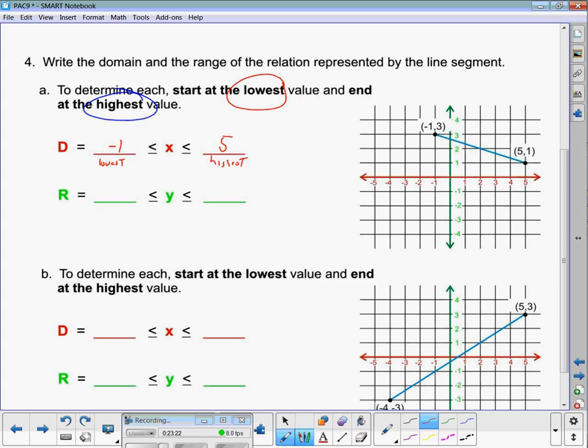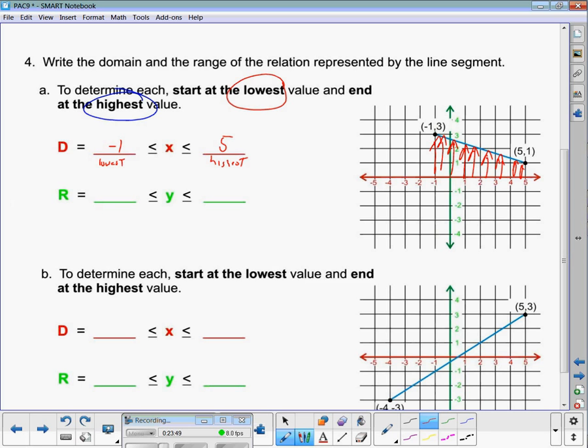We wrote this as an inequality. We've done inequalities, right? Here's what we're saying. -1 is less than or equal to our x's, and our x's are also less than or equal to 5. It means every value, all these guys, not just the big numbers, anything from -1 all the way to 5 is our domain.